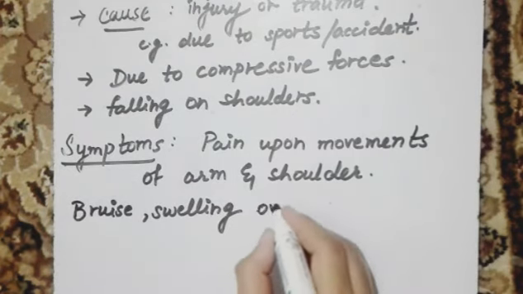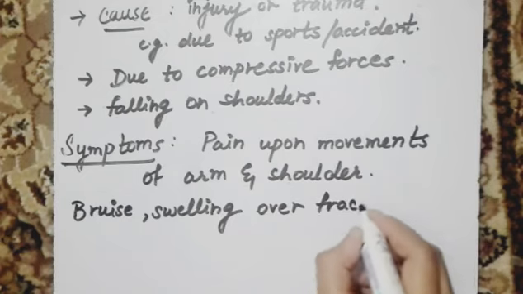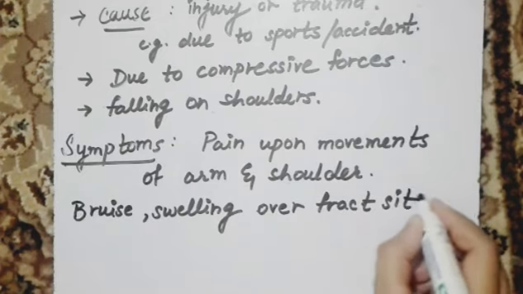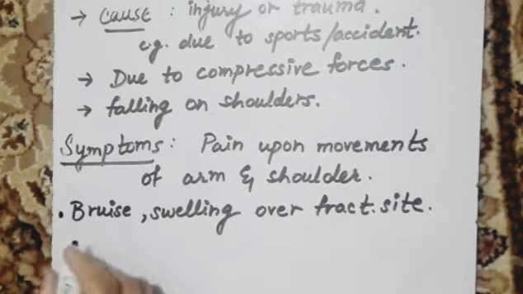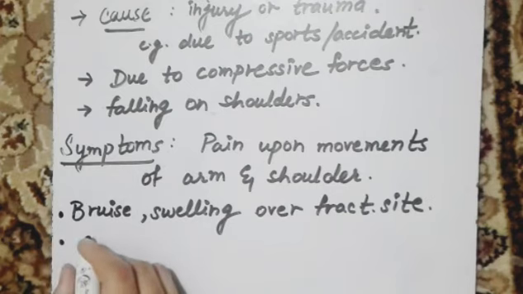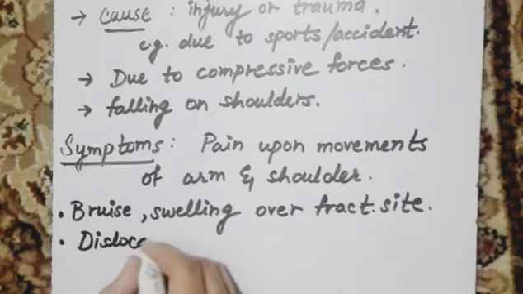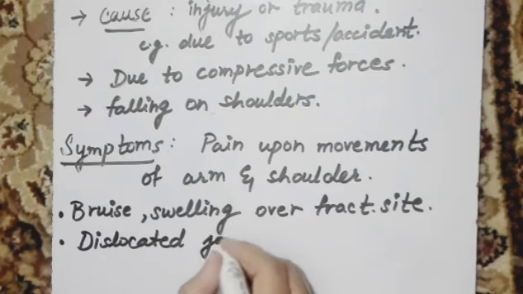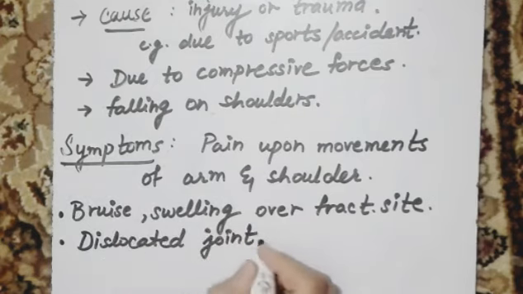So tenderness can be felt over the fracture site. And if your arm is tilting here and there, it's dislocated, obviously that's a symptom. Who doesn't know the symptoms of a fracture?